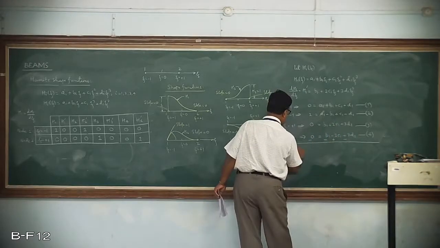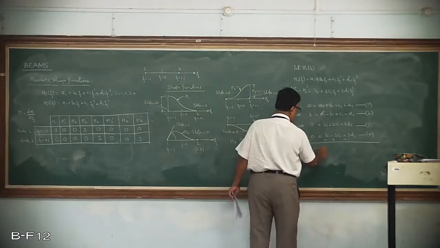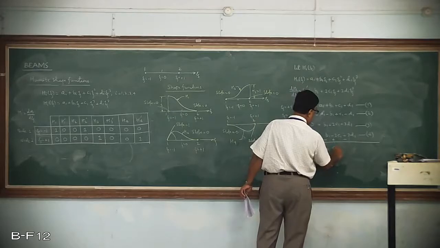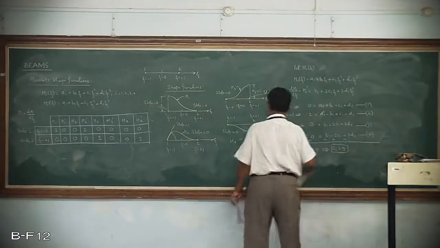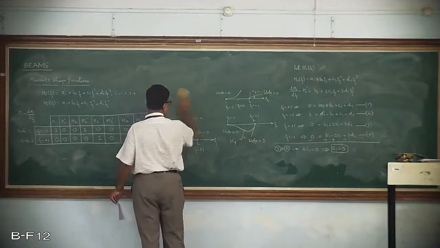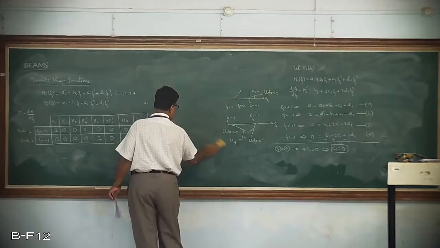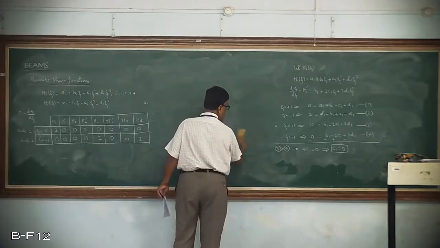From 3 and 4, 4C1 is equal to 0 only, because both sides it is 0. So this indicates that the value of C1 is 0. That means one of the constants got eliminated from our equation now. Now let us come to the next combination of equations to find out the other remaining 3: A1, B1 and D1.